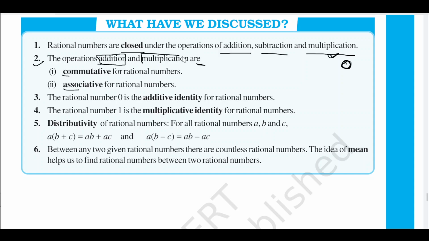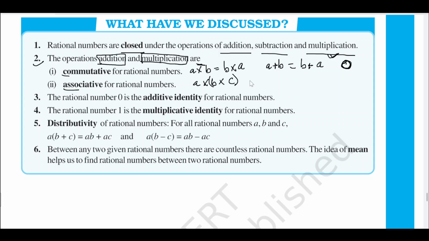Commutative means A into B is equal to B into A for multiplication, and for addition, A plus B is equal to B plus A. Similarly, for association, we need a third number also.